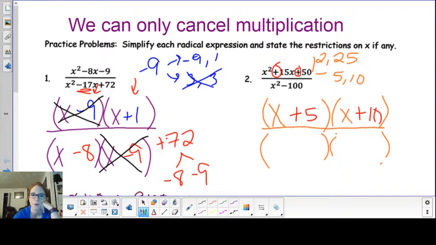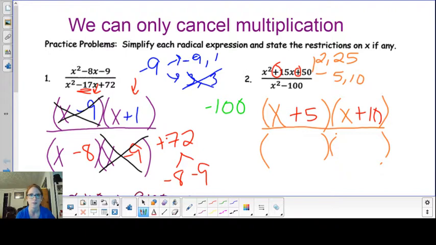Okay, now I'm going to multiply to negative 100, but add to 0. So think about what's going to add to 0. Something that cancels itself out, right? So if something cancels itself out, it's got to be that same number. If it's that same number twice, it's a perfect square. Is 100 a perfect square?